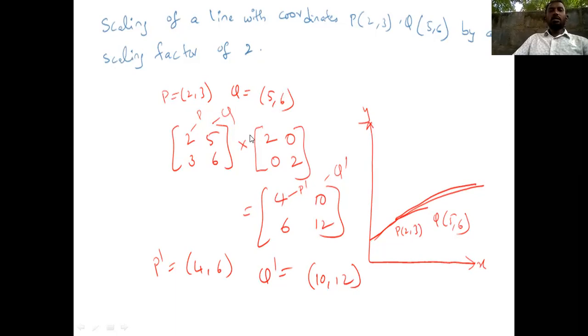We write P as 2 3 and Q as 5 6. The scaling factor is 2, so the matrix is [2 0; 0 2]. Now multiply: 2 into 2 is 4, 3 twos are 6, 5 twos are 10, 6 twos are 12. So the final scaled transformation is P' = (4, 6) and Q' = (10, 12). These are the examples of scaling.